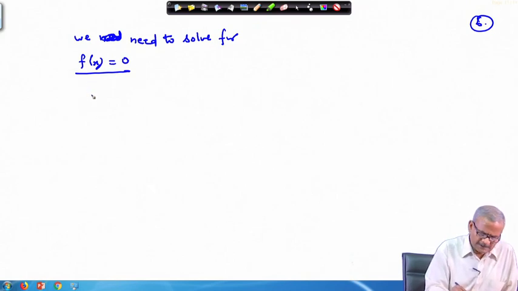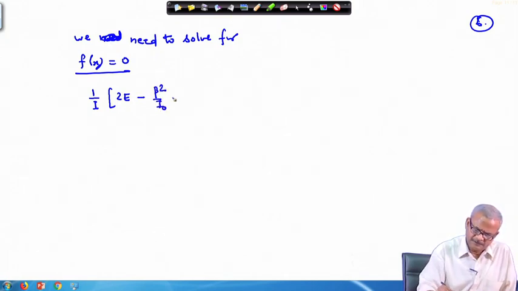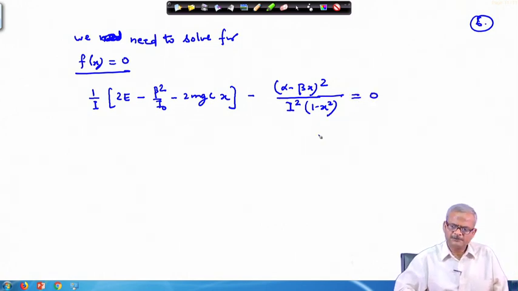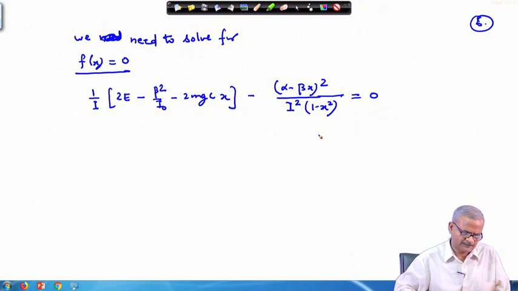So, your f x is 1 by I times 2 e minus beta square divided by I 0 minus 2 m g c x minus alpha minus beta times x square divided by I square times 1 minus x square. This quantity is set to 0 to solve for the values of x.